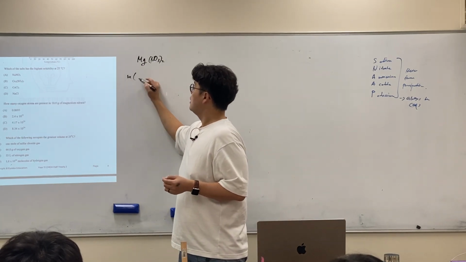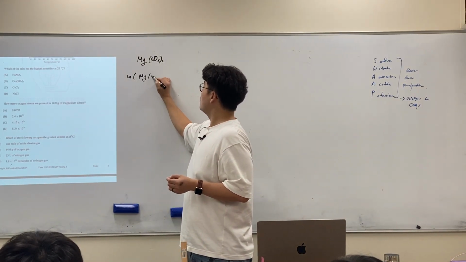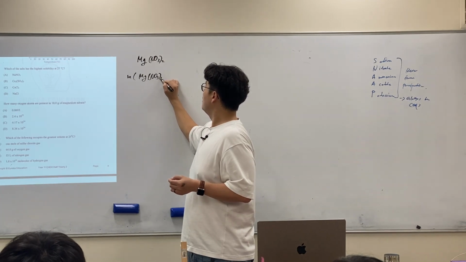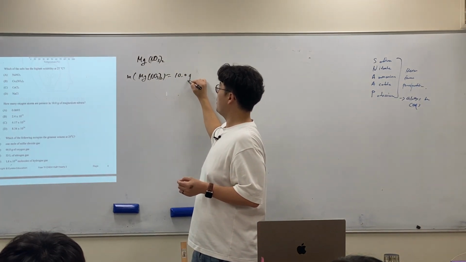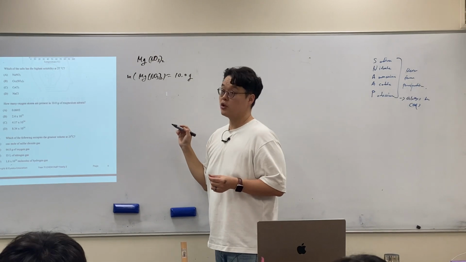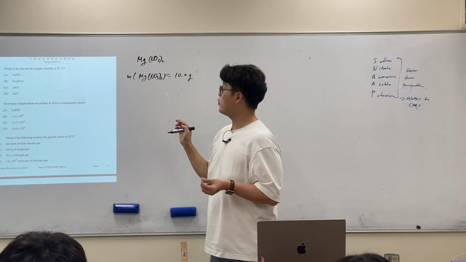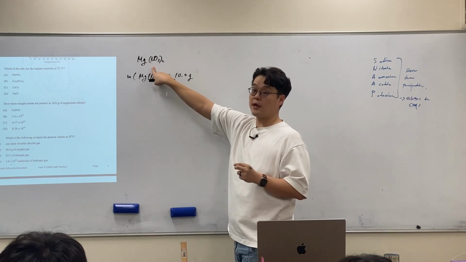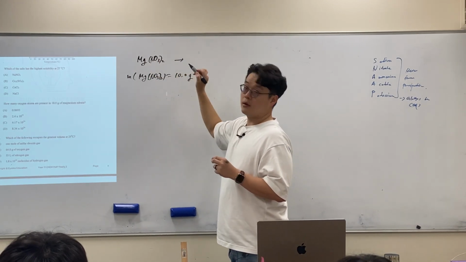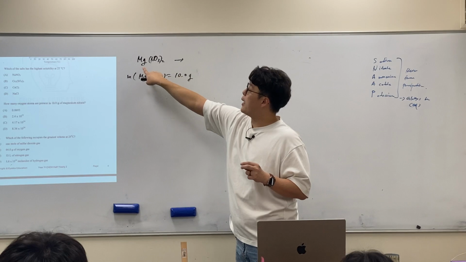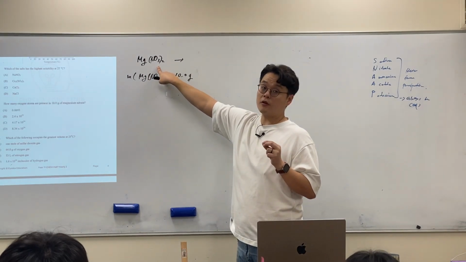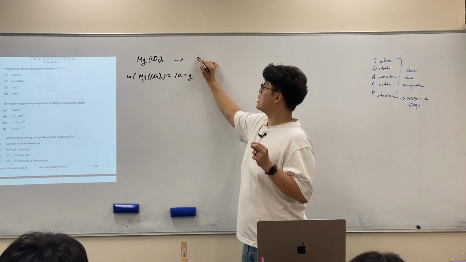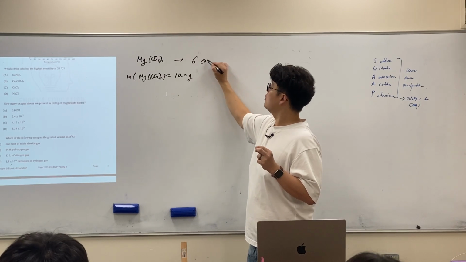The mass of the Mg(NO3)2 is given as 10.0 grams. What we need to do is find the number of moles. Per magnesium nitrate, how many oxygen atoms do we have? There are six oxygen.